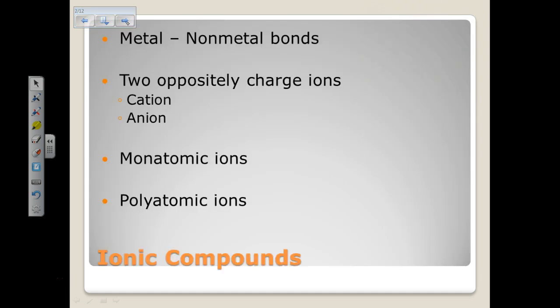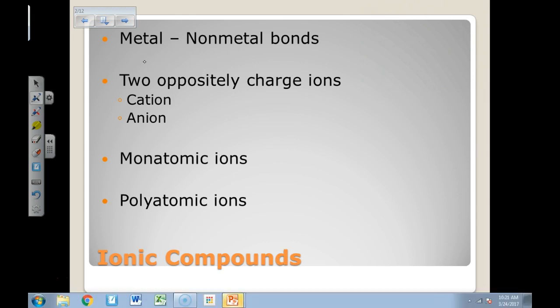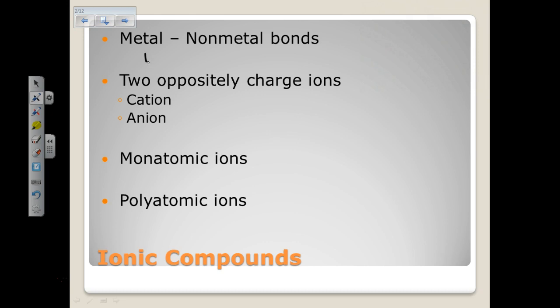So before we even get into naming ions, we have to first start recognizing what an ionic bond is. An ionic bond is usually between a metal, like sodium or lithium or gold or silver, and a non-metal.